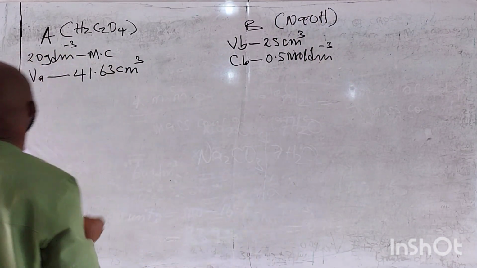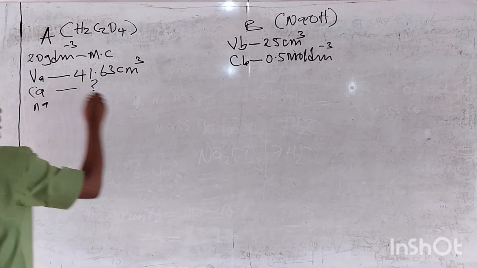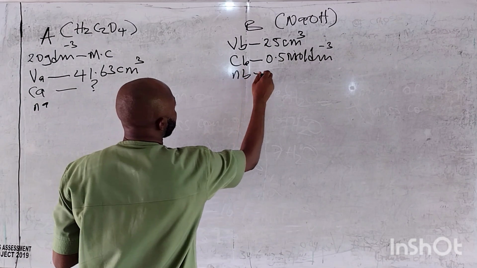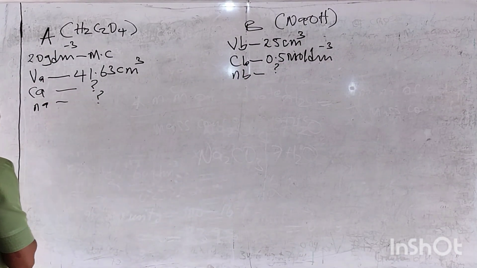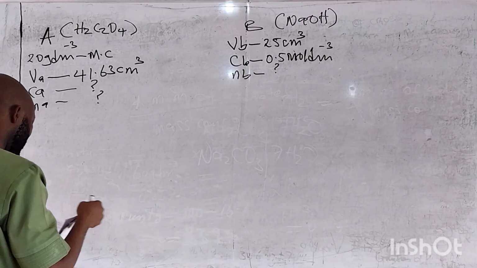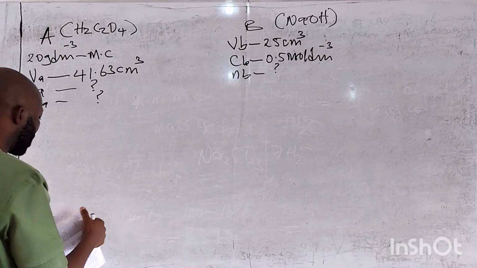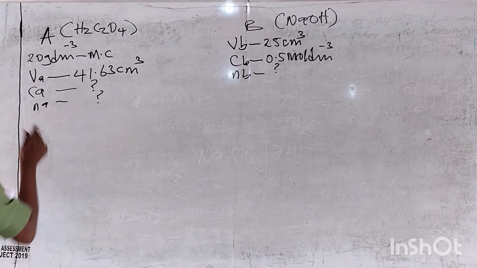So what is and what is not required? We do not have our CA, we do not have our NA, we do not have our NB. And the mass concentration, if required, we will see. So they also give us the equation of reaction here. So let's take it just to determine our NA and our NB.